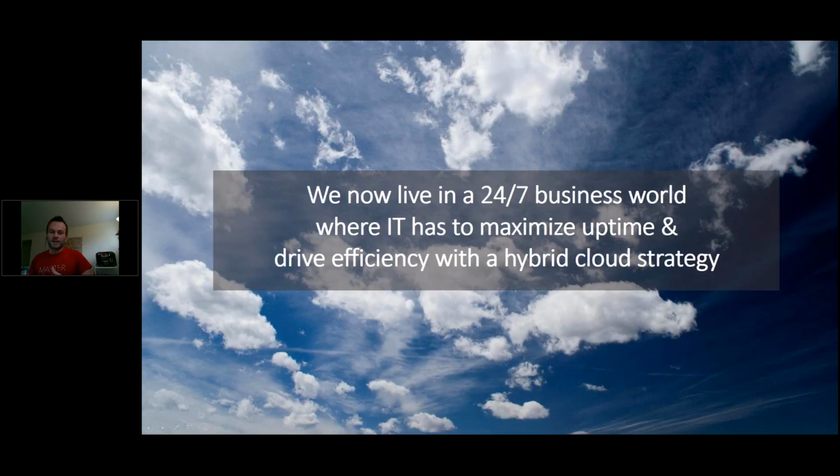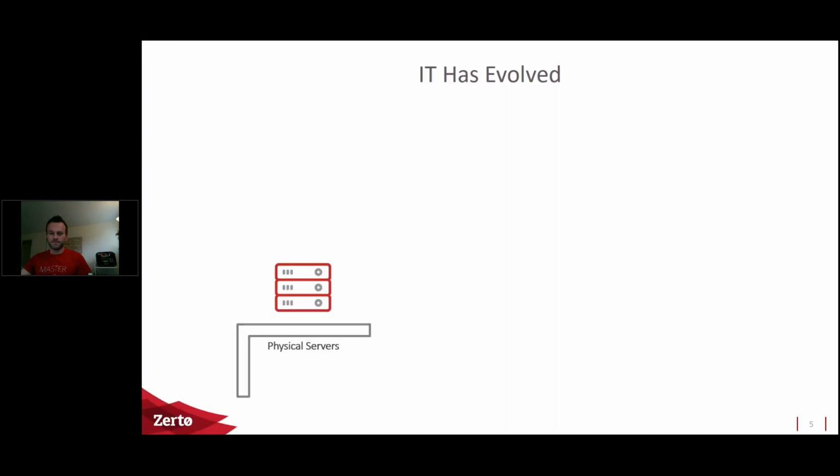Now you've got people accessing all of their applications, their emails, their data 24/7, mobile apps, bring your own device, and they're expecting everything to be always on now that people use cloud services on a day-to-day basis for home, like Facebook, like sharing files, you name it, sharing pictures. They expect the same level of uptime from the business, and the business has to deliver this while continuing to drive efficiency. And one of the best ways of doing that is adopting a hybrid cloud strategy.